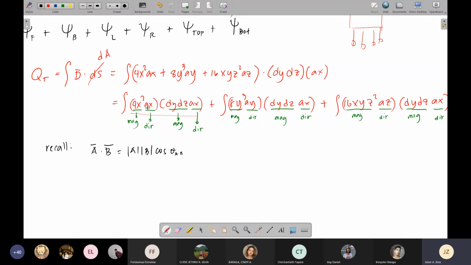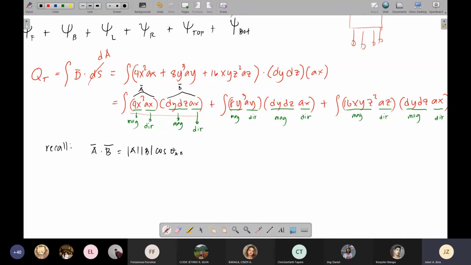We can have this as our vector A, and this as our vector B, each with magnitude and direction. So this formula can be applied here.